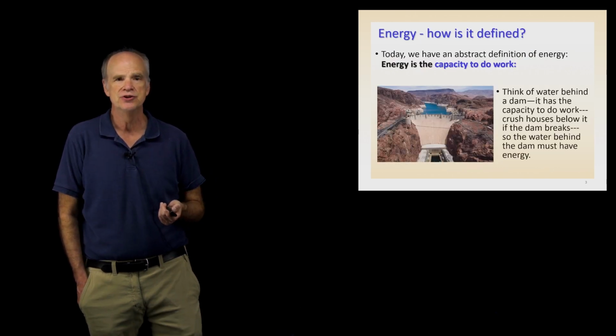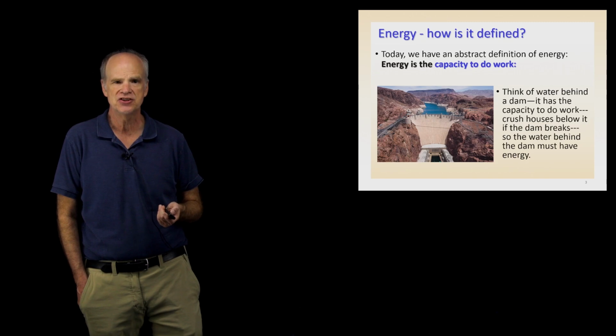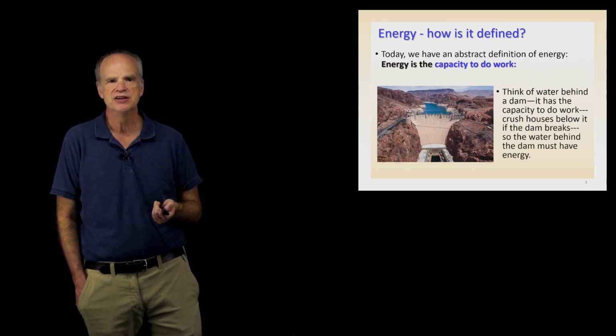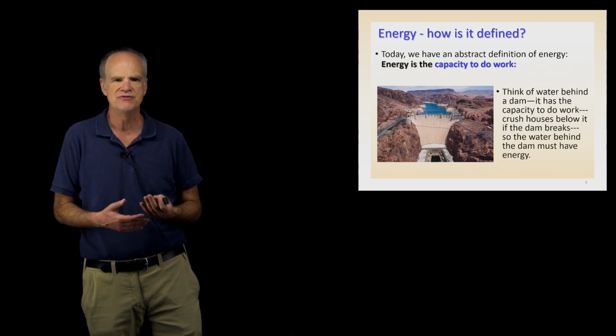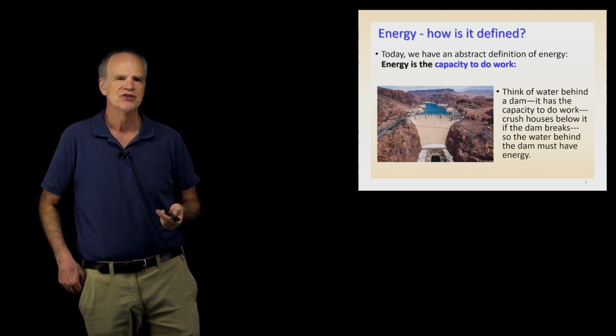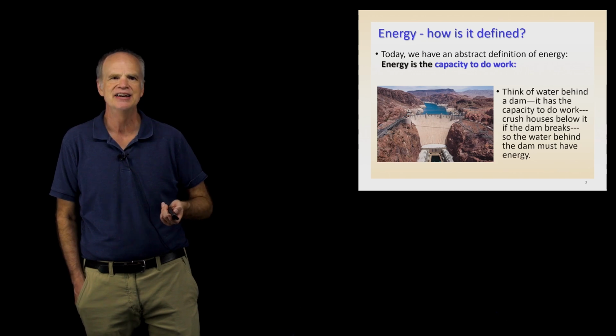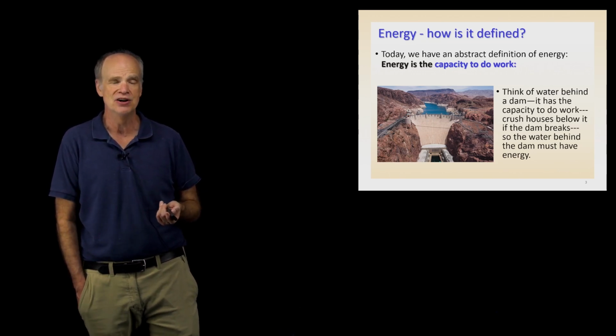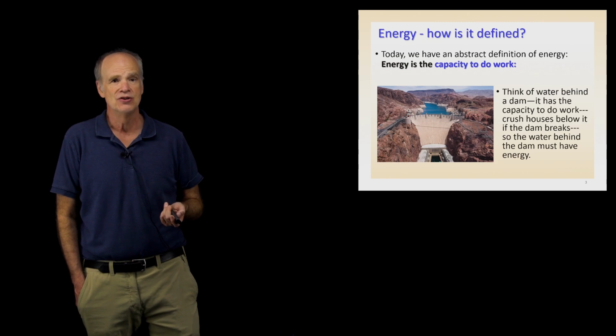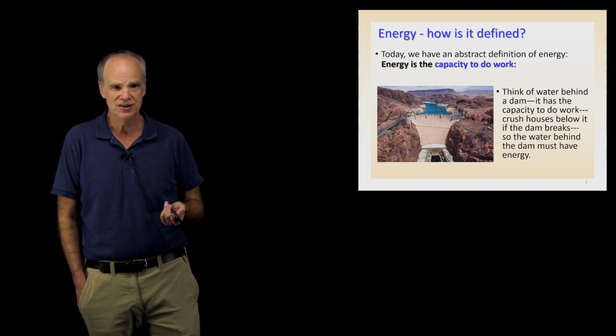So the first thing I want to do is talk about the basic textbook definition of what energy is. And so you'll see in the textbook that energy is often defined as the capacity to do work. So let me give you sort of a simple example of that. Let's say it's a hot day outside, and let's say you are asked to mow the lawn. And so you probably know that for you to mow the lawn, it's going to take some work on your part.